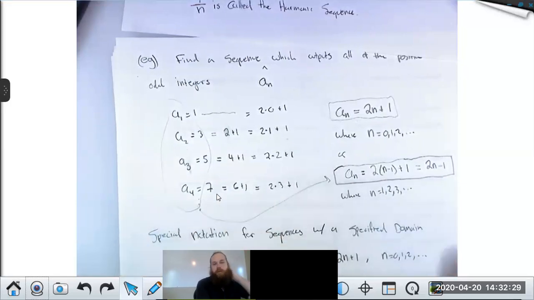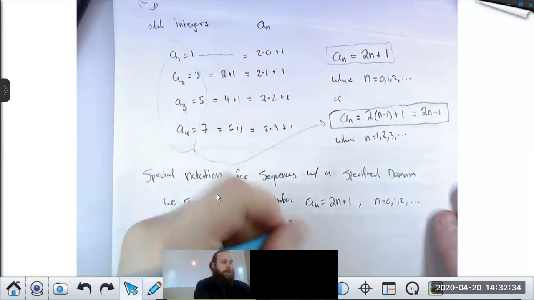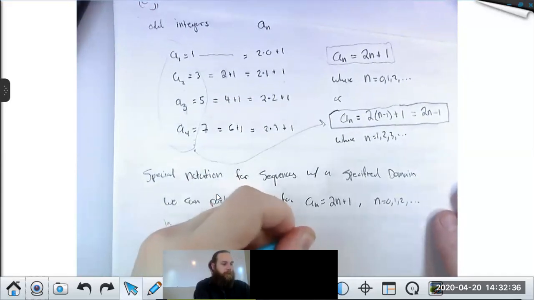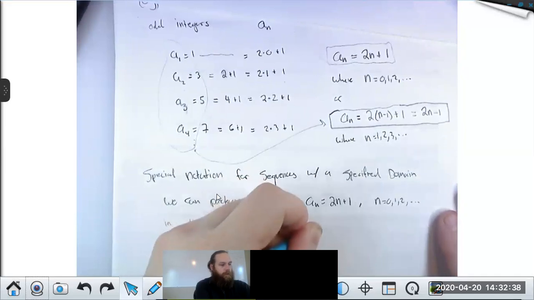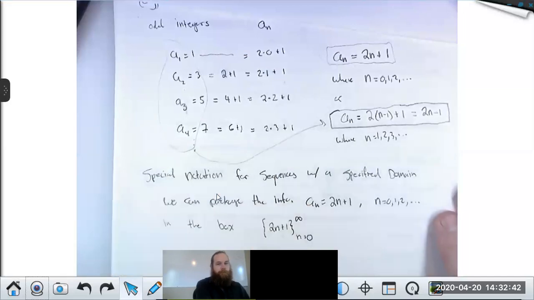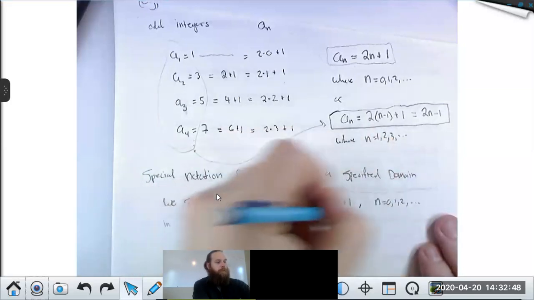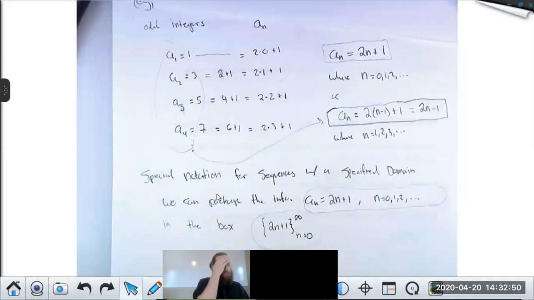I put curly braces around the formula. And then down here, I put the starting value of n. So here, n is starting at 0 and running to infinity. So this is another way of saying both of these things at once.